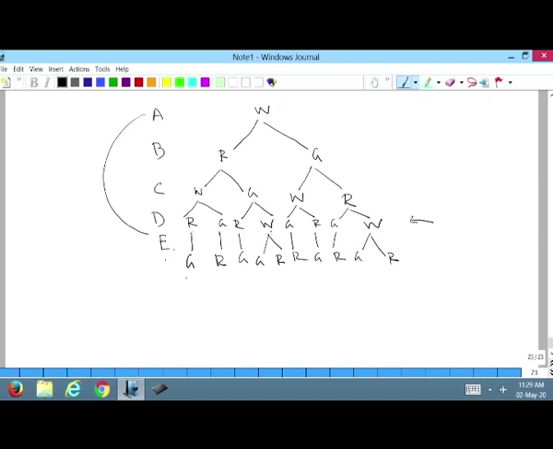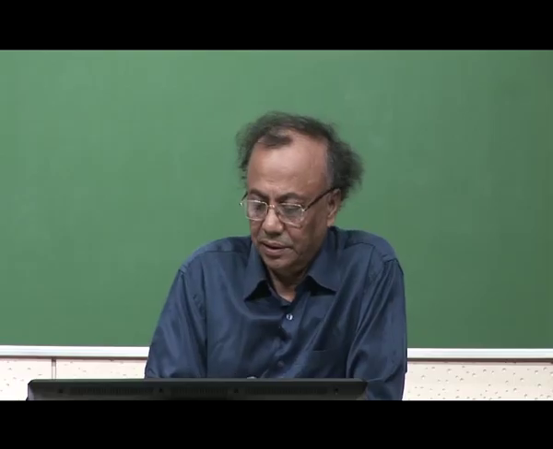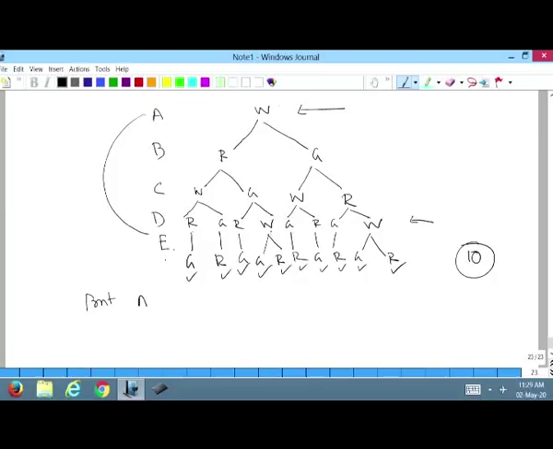Therefore, total possibilities are 1, 2, 3, 4, 5, 6, 7, 8, 9, 10. This 10 has come when A got white, but A can get white, green and red. Therefore, total possibilities is equal to 10 into 3, which is equal to 30.